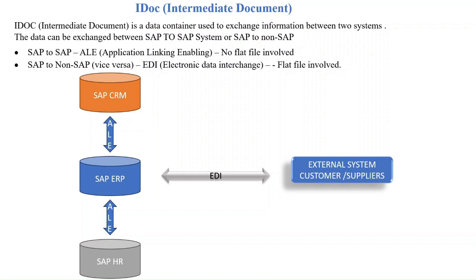In EDI, there is an additional layer and additional security. For example, whenever it's not our network and we don't know what kind of security is there, in that case we use EDI for a different network. I hope you understand what IDOC is and the types of IDOC.